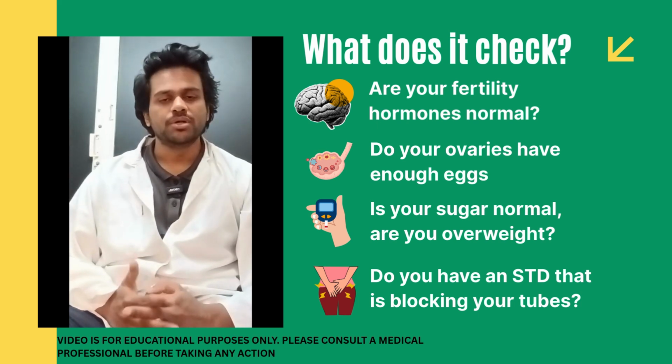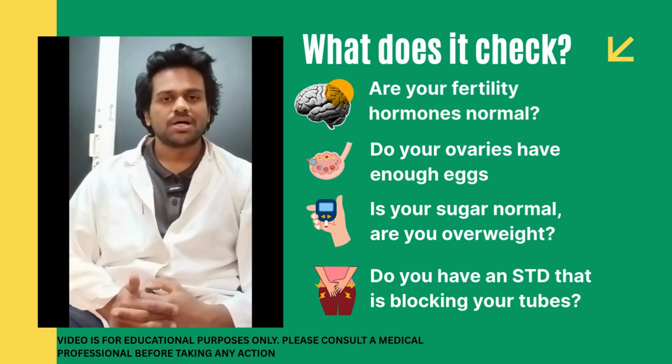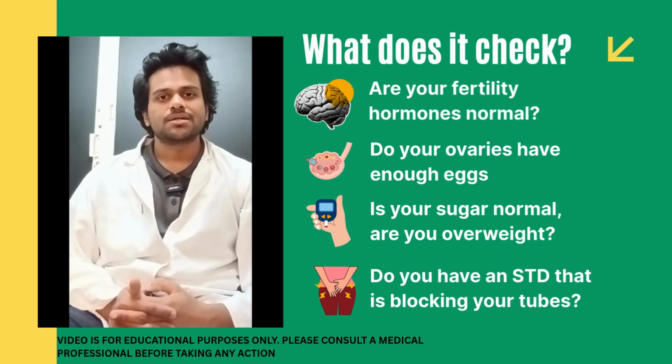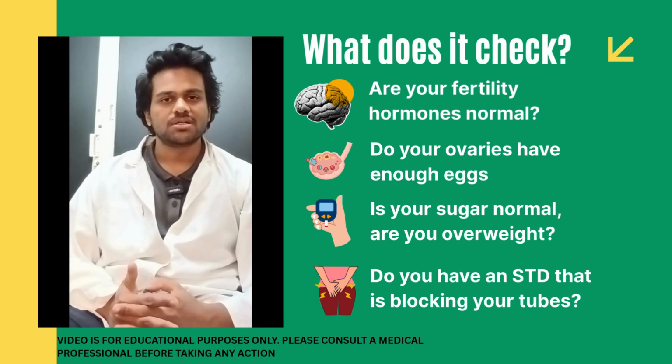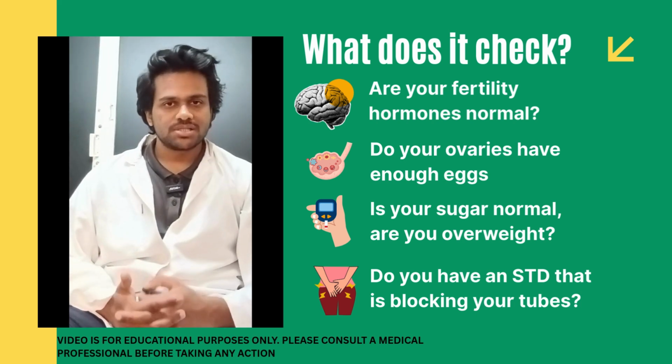They don't have any fluid in them, they are not filled up with some small spaces. All this we can check from the ultrasound, and also for this purpose to make sure that you don't have any STDs, because the STDs are sexually transmitted infections which can block your tubes. So this is what the entire fertility profile panel checks.